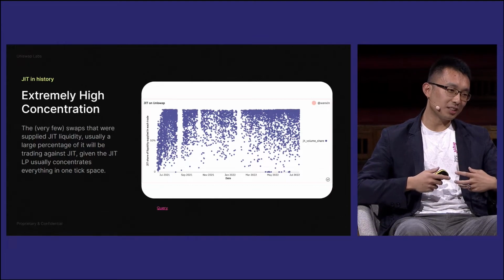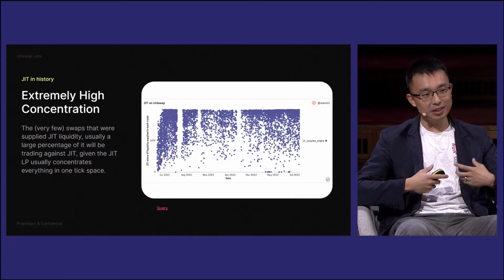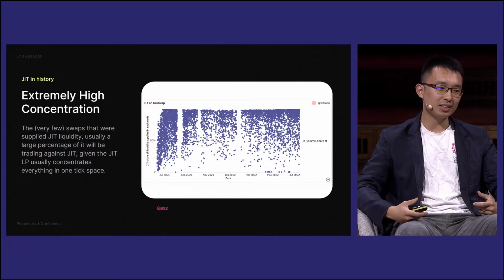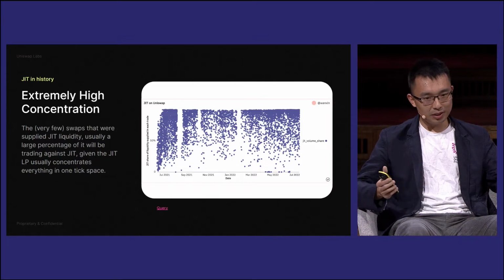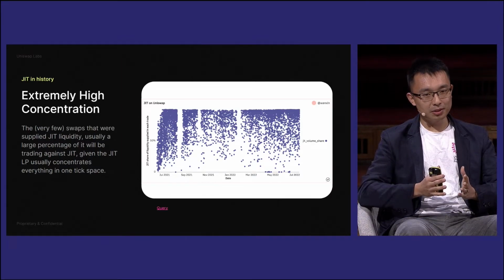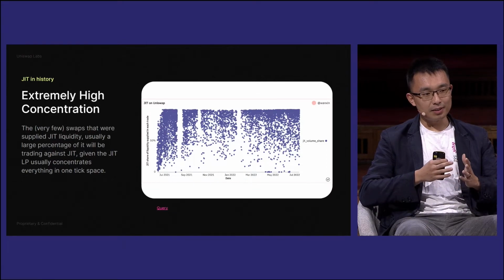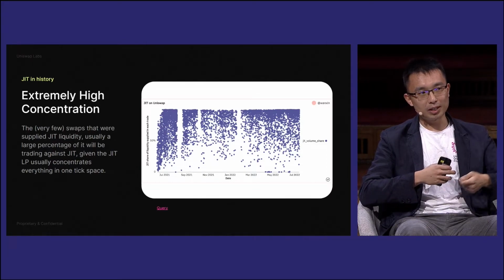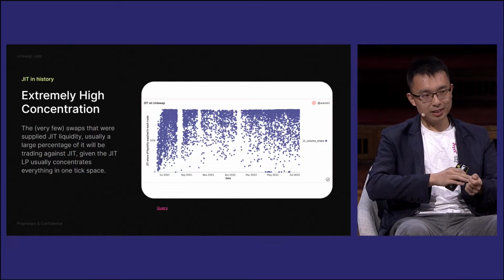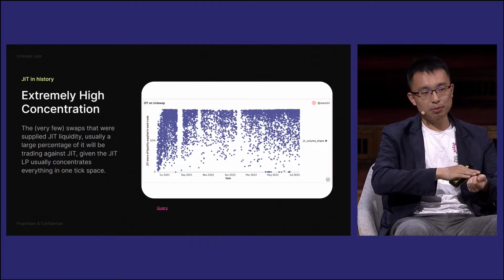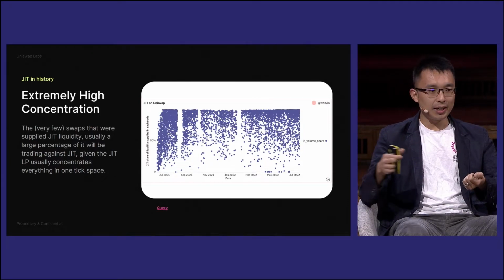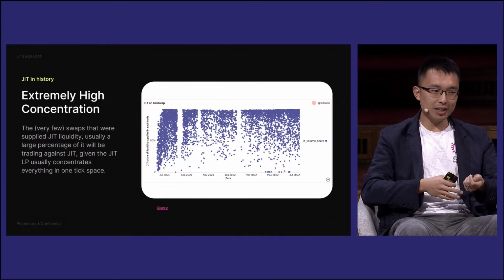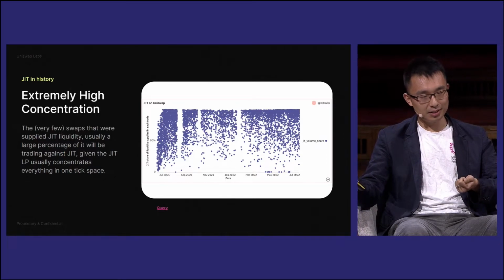when just-in-time liquidity is happening, it tends to be extremely concentrated. On Uniswap V3, you can choose to concentrate your capital in a narrow range, and then you effectively provide more liquidity within the range. But the downside is when the price moves out of your range, you're no longer providing any liquidity, and you're no longer earning any fees.